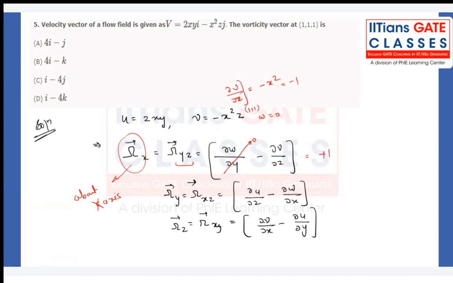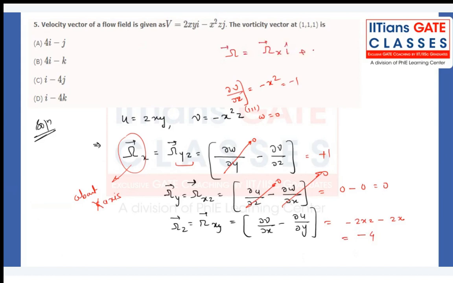What about omega about the y-axis? Dou u by dou z is 0, and dou w by dou x is 0, so total 0. About the z-axis, dou v by dou x is 2xz, dou u by dou y is 2x. So what you can write? Minus 4.